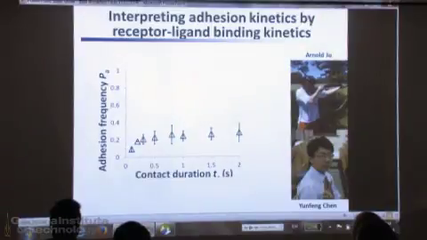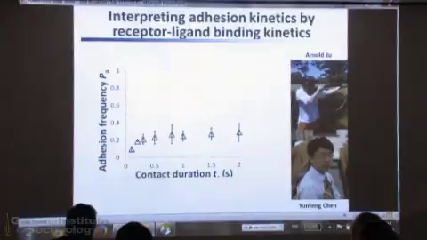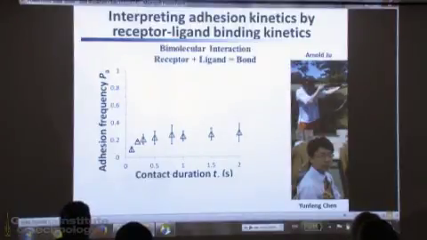So if you plot on the y-axis the adhesion frequency, which is the average of the positive events over multiple contacts, versus the contact time, you see a curve like that, right? As you increase the contact time, the adhesion frequency increases and then levels out. These are the two students that did the work.